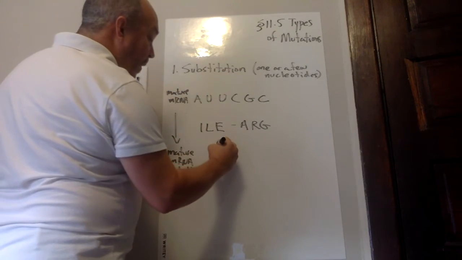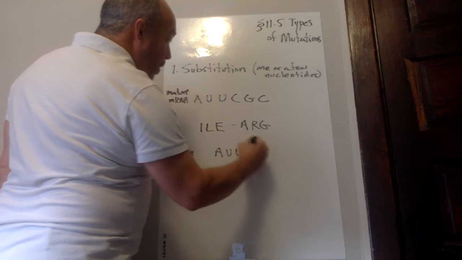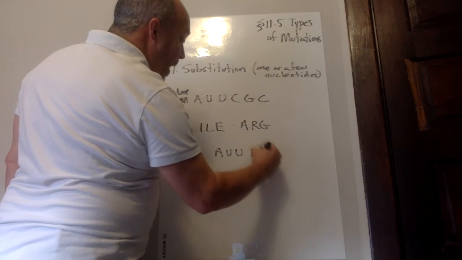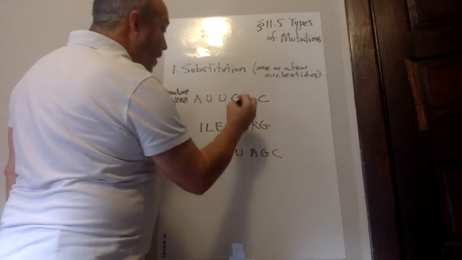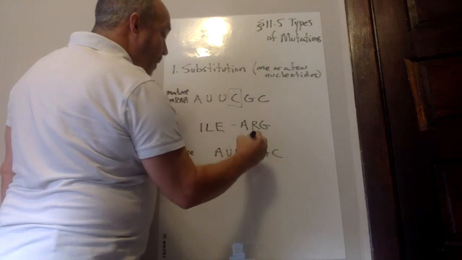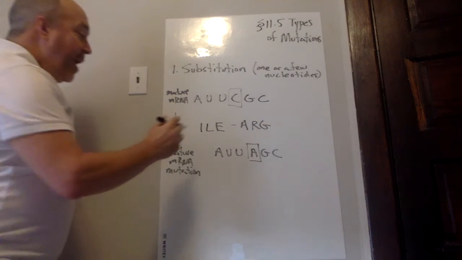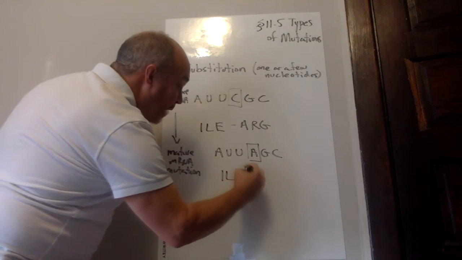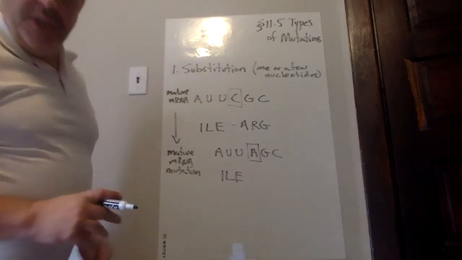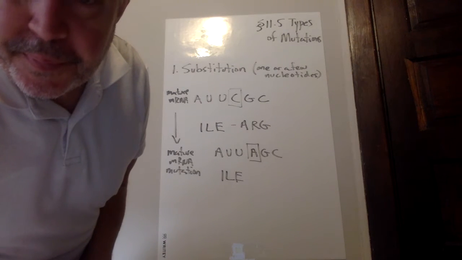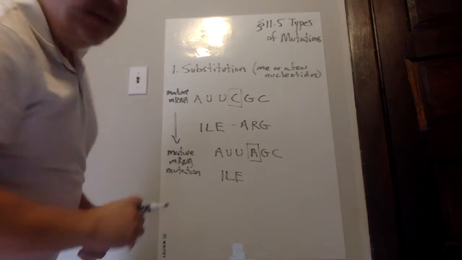I'm just going to do one. So instead of AUU, we're going to have AGC. So now all of a sudden a U has been substituted for a G. The AUU would code for isoleucine, but AGC will now code for serine.